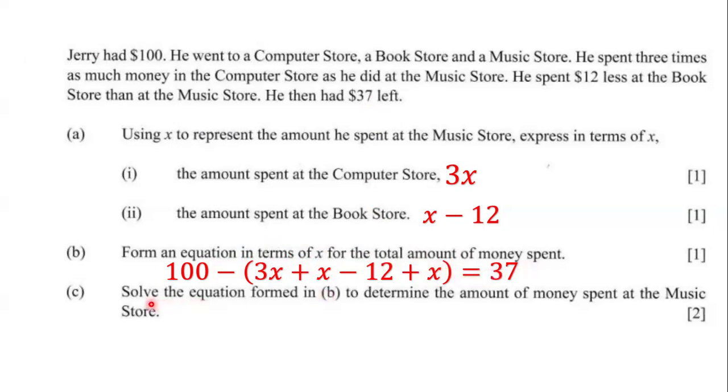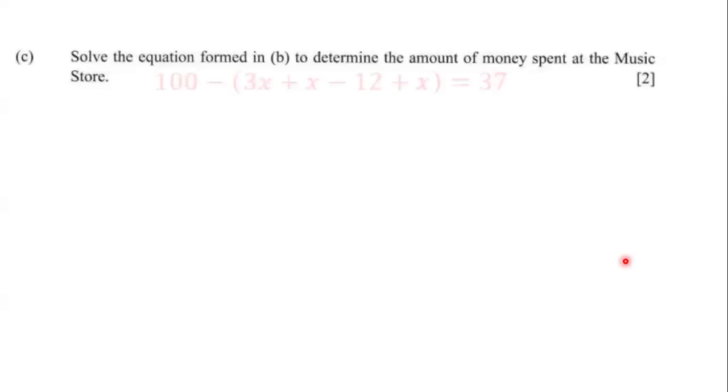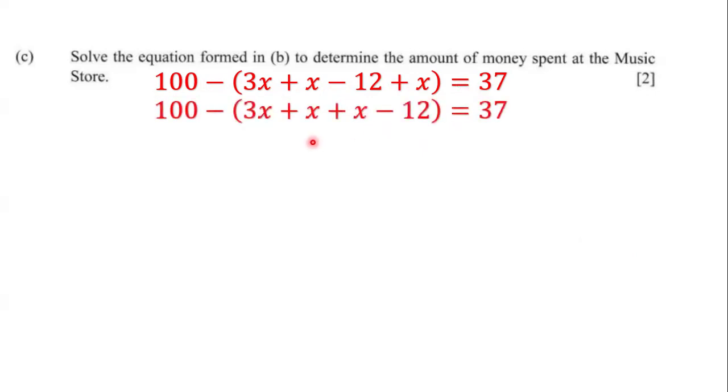Now part C says solve the equation formed in B to determine the amount of money spent at the music store. So we have 100 minus (3X plus X minus 12 plus X) equal to 37. What we're going to do is deal with the terms inside of the parentheses.